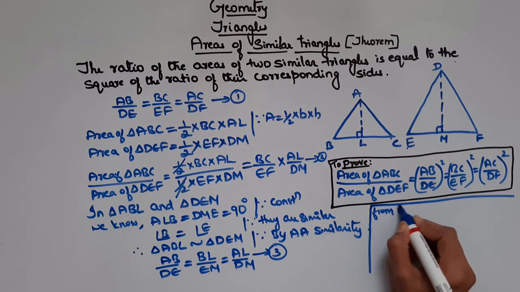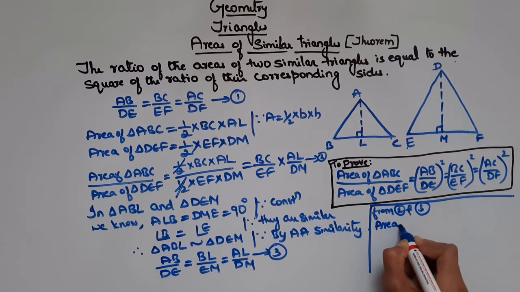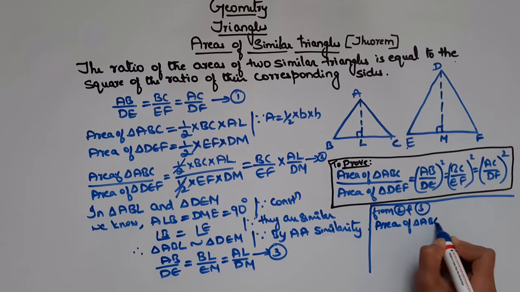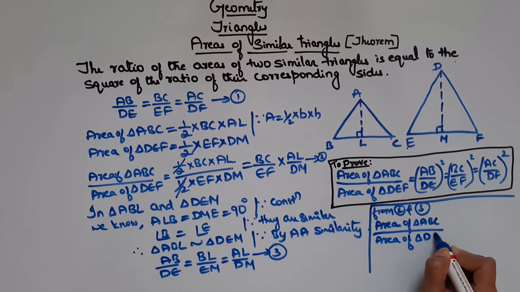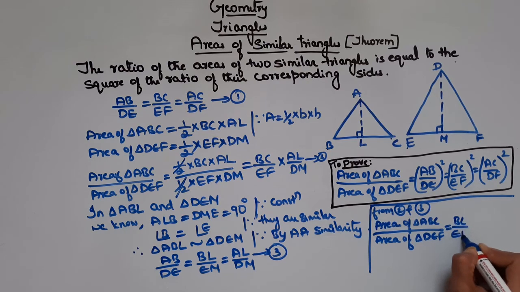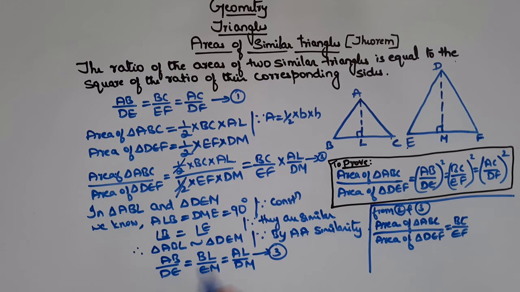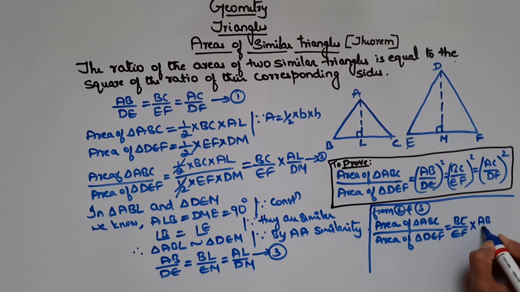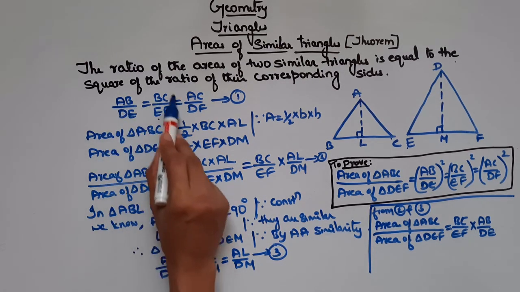From equation 2 and 3, we can write this equation as area of triangle ABC by area of triangle DEF is equal to BC by EF into AL by DM, we can replace it by AB by DE. Right? But we already know AB by DE is equal to BC by EF. We can replace AB by DE by BC by EF.